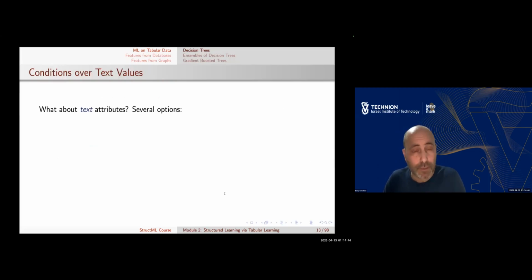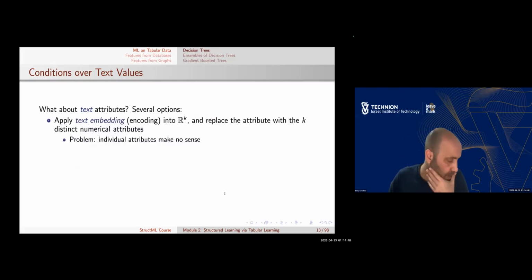Okay. What about text attributes? Here you can have several options. You can apply some text embedding, which means that we associate every text value or every sentence, depending on what kind of text you have in the attribute, and map it into k numerical attributes.